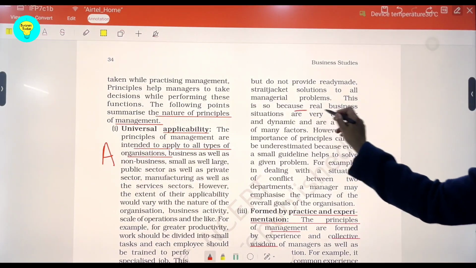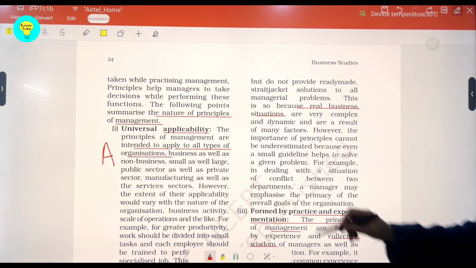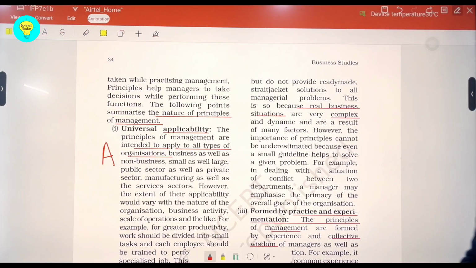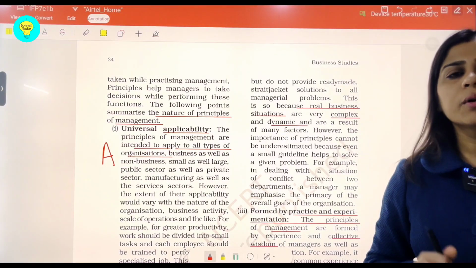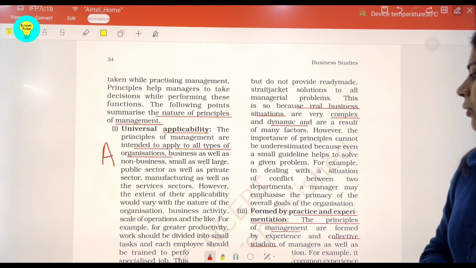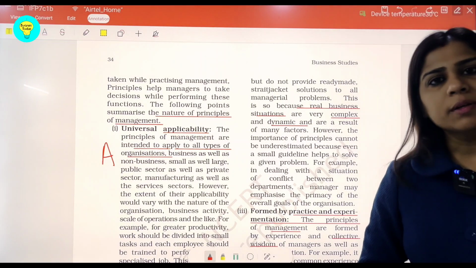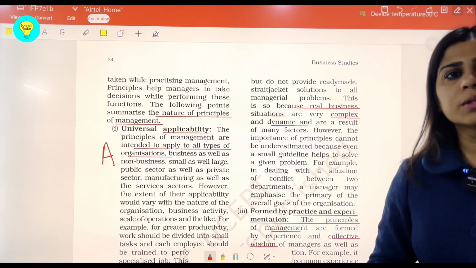The real business situations are highly complex and dynamic, and thereby these principles should also be adaptable to the given situations, and therefore they are just general guidelines, general indications on how to implement, but they do not possess any rigid rules to be followed by the managers.